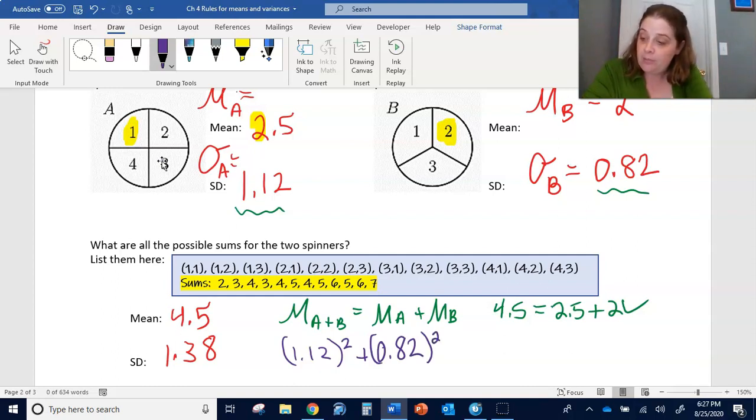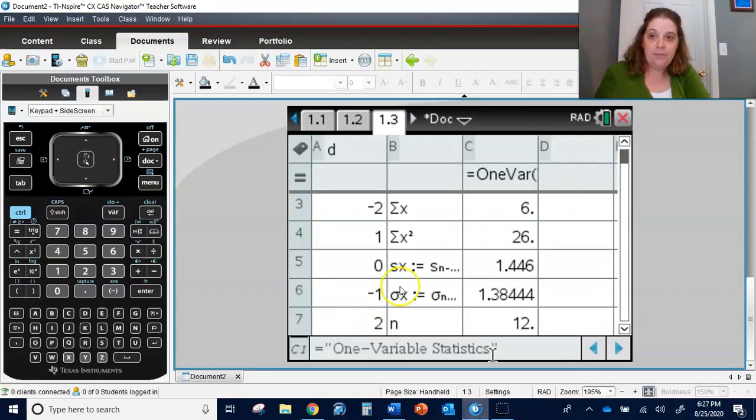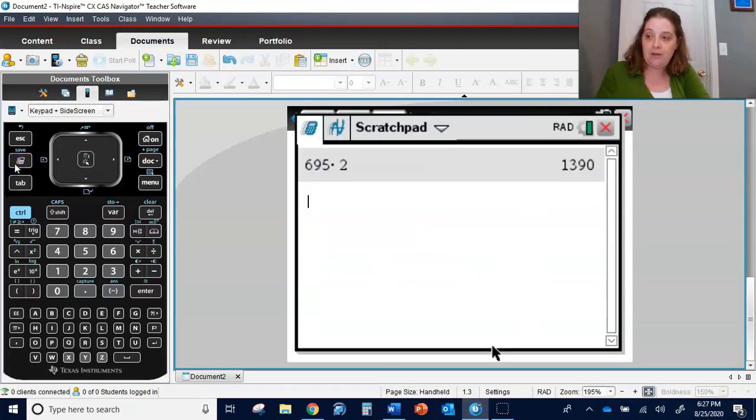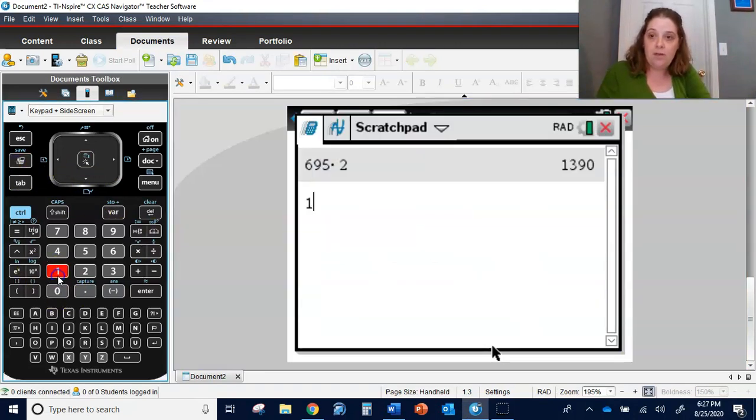And when I put that into my calculator, okay, let me just pull this up and go ahead and do that. I'm just going to go to a scratch pad here. So 1.12 squared, plus 0.82 squared.